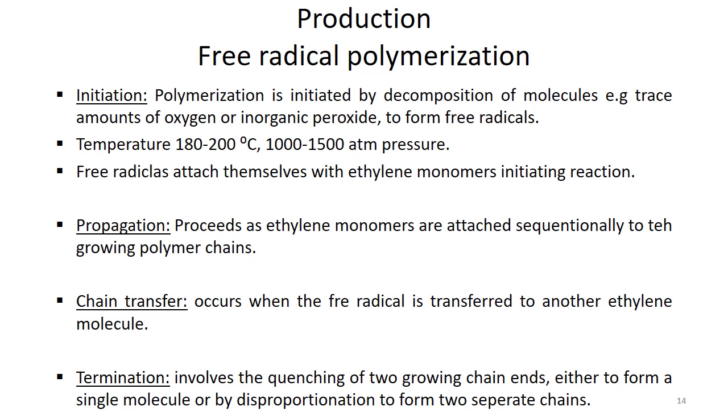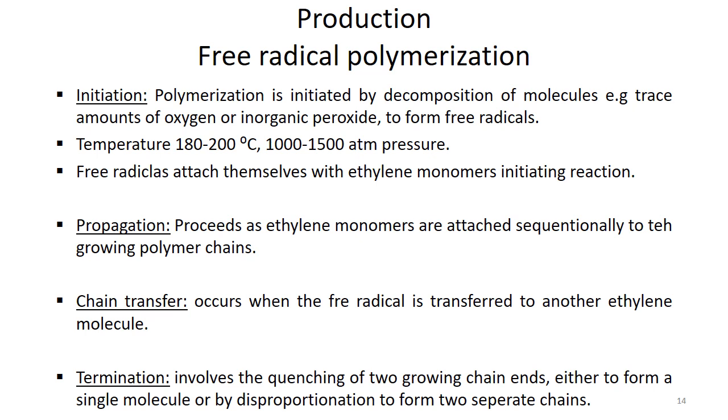The free radicals attach themselves to an ethylene molecule, transferring their unpaired electrons to the opposite end of the monomer, which initiates the formation of the polyethylene molecule. So this was about the initiation step in the free radical polymerization.